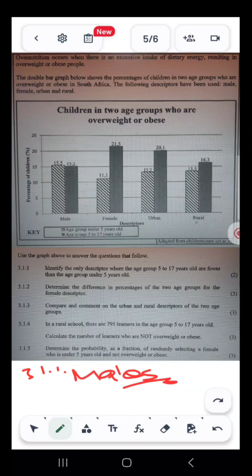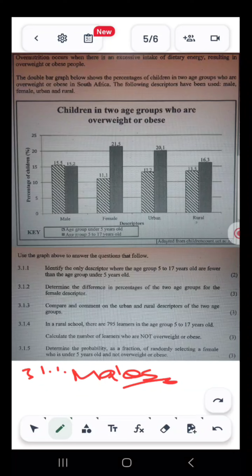And then we tackle the last question, 3.1.5. Now 3.1.5 says determine the probability, okay, as a fraction, of randomly selecting a female who is under 5 years old and not overweight or obese.